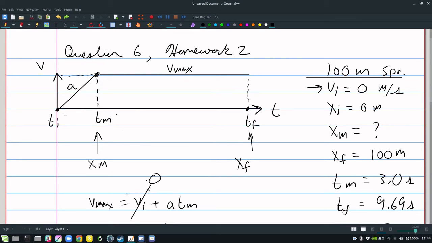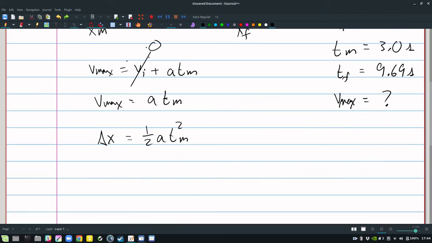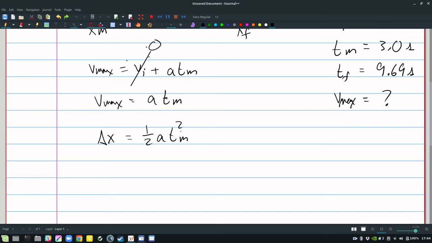Technically, this x-axis is a function of time, but I'm talking about the displacement that takes place between t initial and t middle. T initial is 0, so the delta t that normally goes here just becomes t middle squared. So 1/2 a t middle squared plus v initial t middle. But v initial is 0, and then what is delta x?